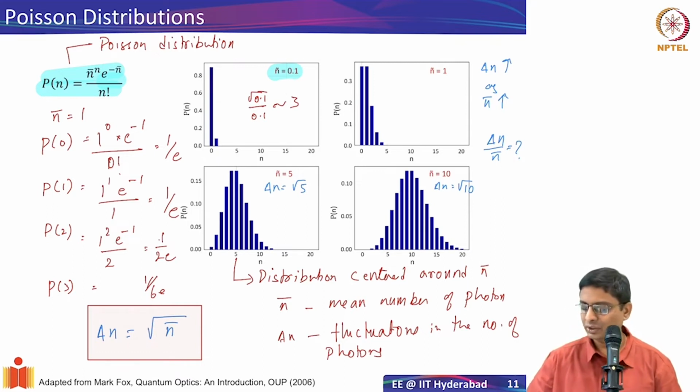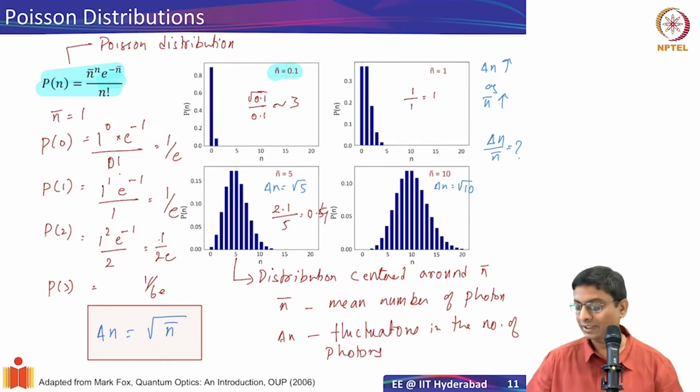The second case is going to be 1 divided by 1. So the relative fluctuation is 1. The third case, you have delta n as the square root of 5. The square root of 5 is 2.2 something divided by 5, so 0.4 something, right?